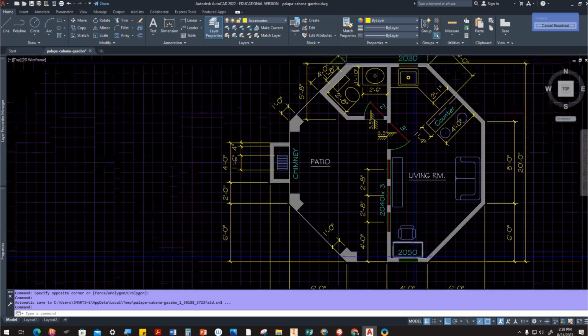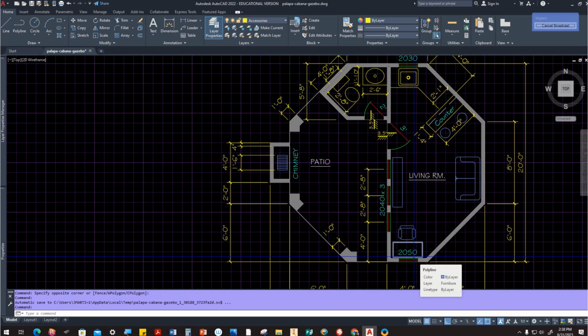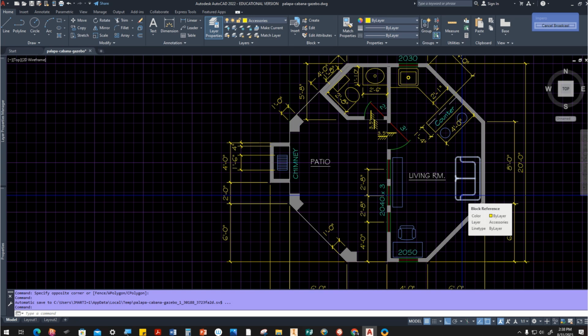I want to give you time to complete all the symbols. These are in sharp line weight. Don't do it super heavy. Everything that is blue is in sharp, as well as these fixtures.